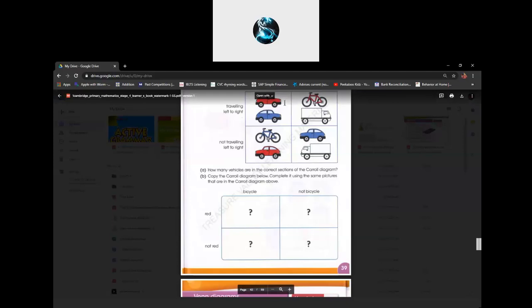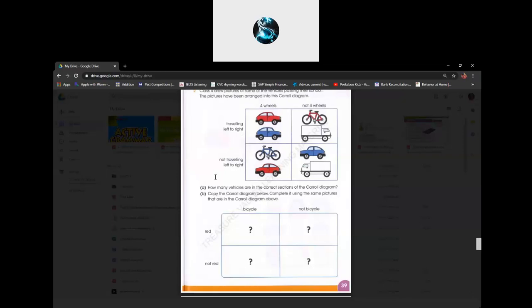Lochin, you can do B. Copy the Carroll diagram below. Complete it using the same pictures that are in the Carroll diagram above.